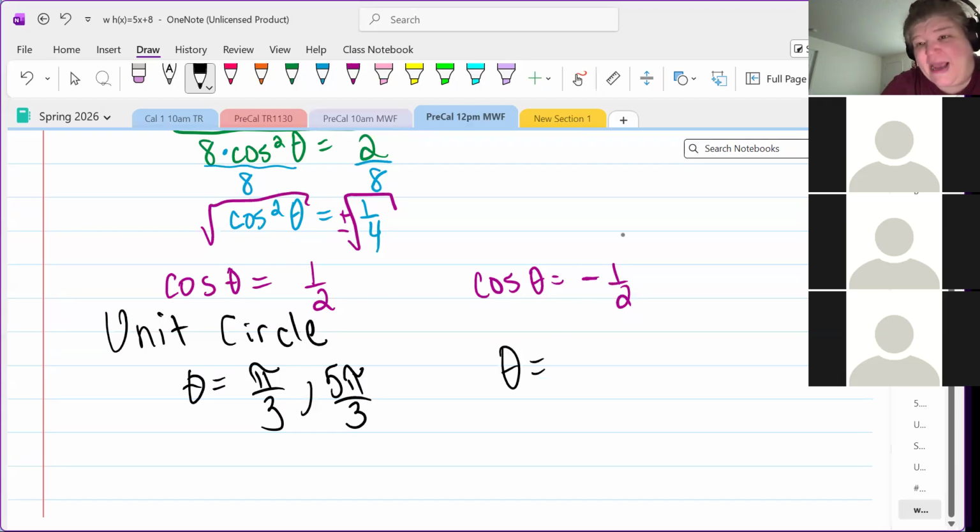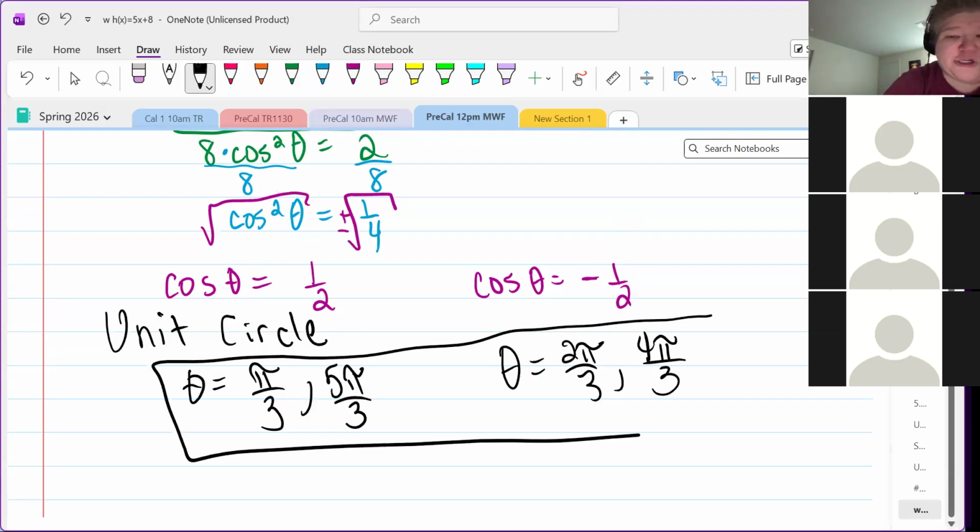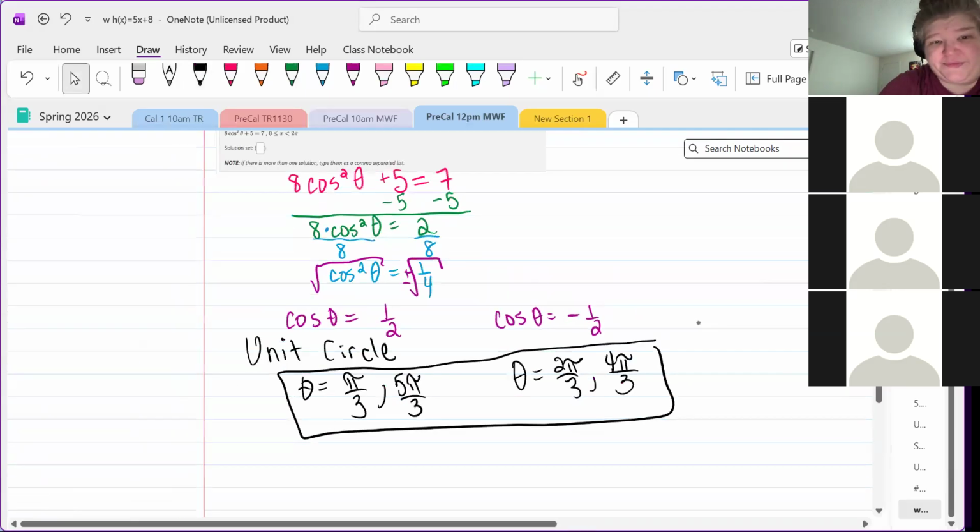Now it turns out our negative 1/2 are going to be the other angles. So we're going to get 2 pi over 3 and 4 pi over 3 as the other two angles in the list. So we actually have 4 solutions to this equation.